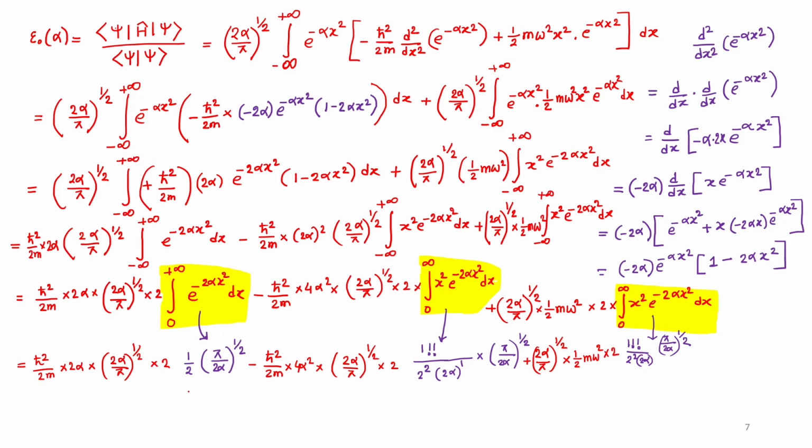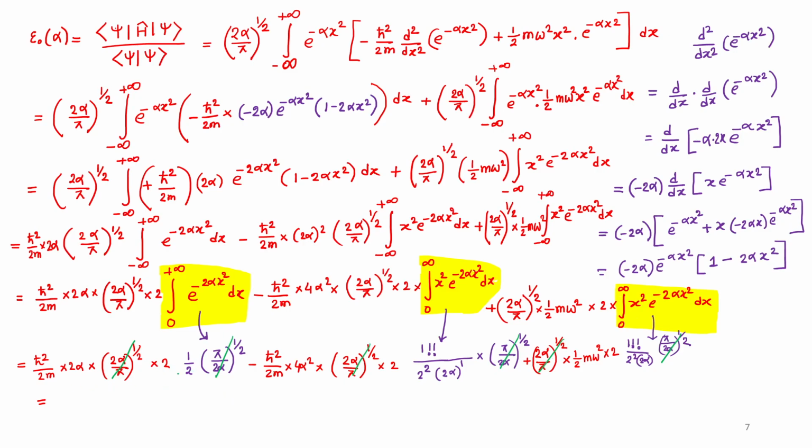So you will see that if I take this green one, this pi by 2 alpha is going to cancel in all these three terms.